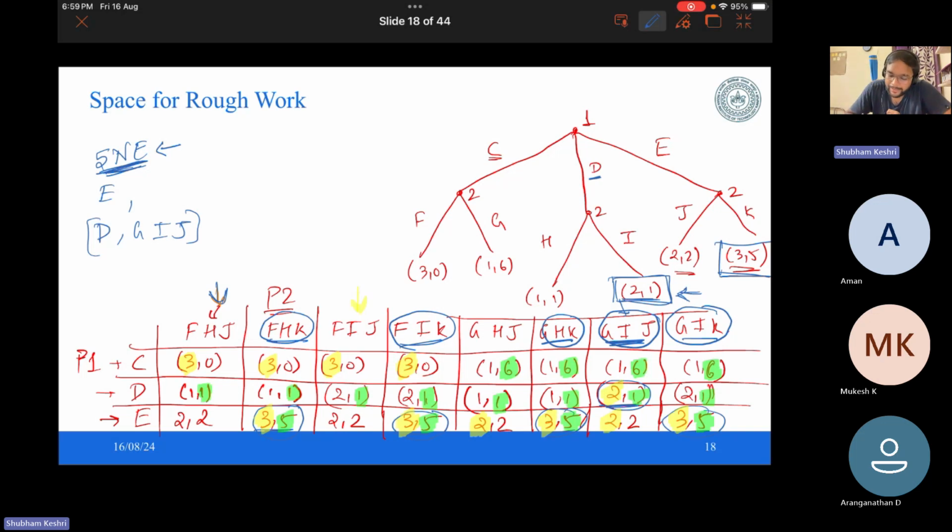That is why I was highlighting this utility set, because this is very peculiar. The game can end at 3, 5, right? But Nash equilibrium is saying you can also end at 2, 1. Subgame perfect Nash equilibrium is not saying that; it is only giving 3, 5 and not 2, 1.